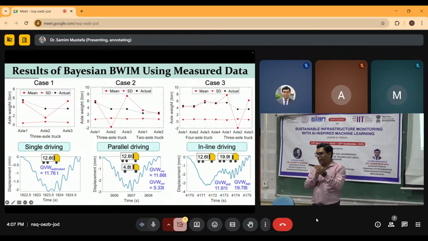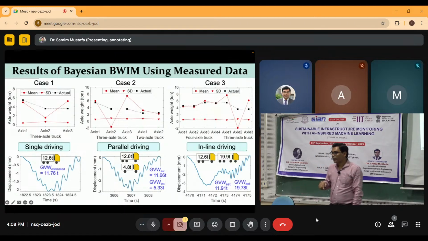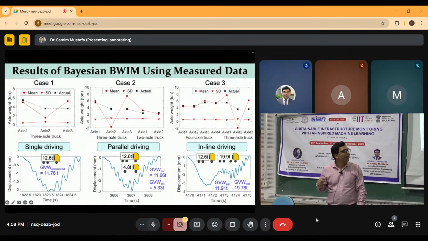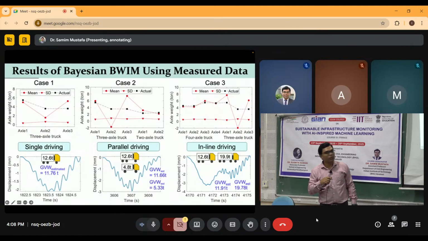To separate the contribution of individual axle weights is difficult because it is an inverse problem. Ill-posedness is there because the dynamic component is there, right? So we need to solve the ill-posedness of the problem and increase the efficiency of the method so that our axle weight identification can be improved.